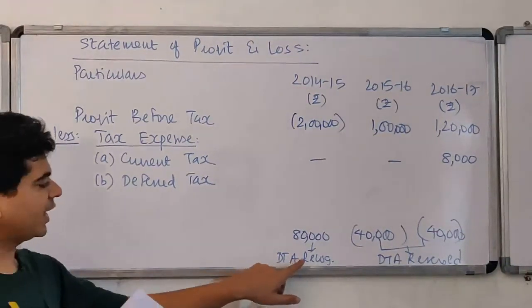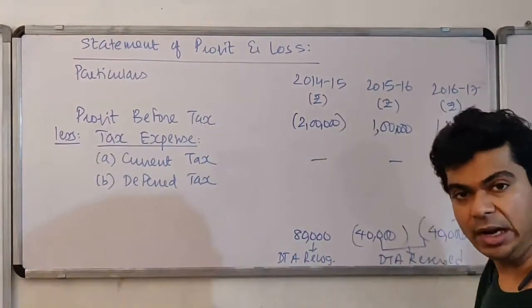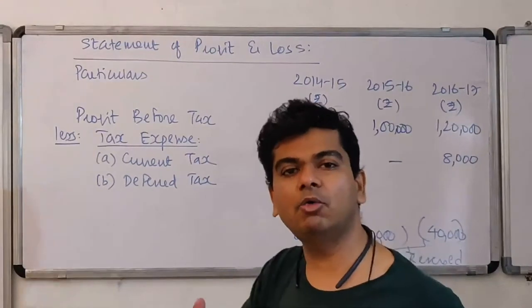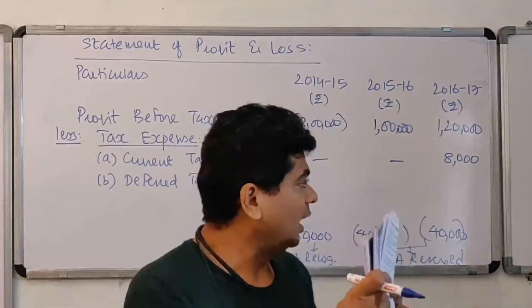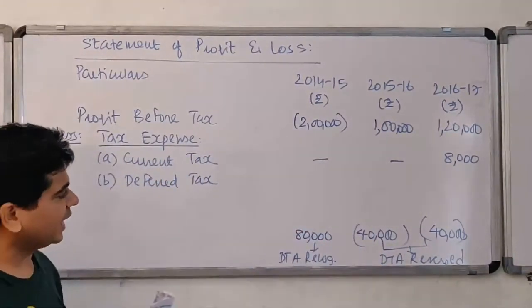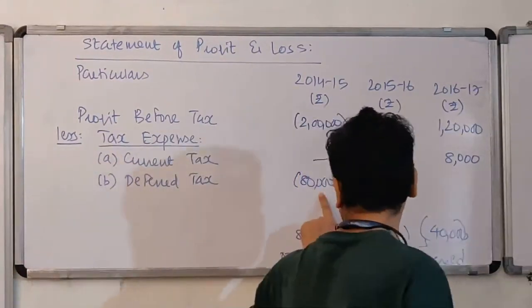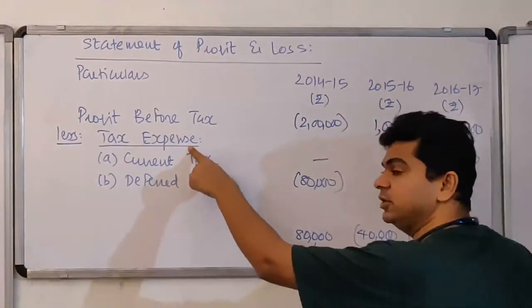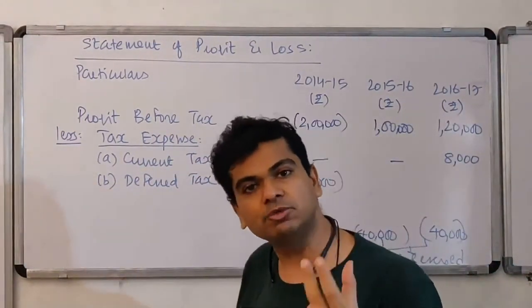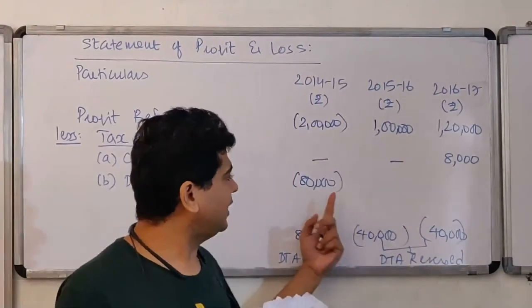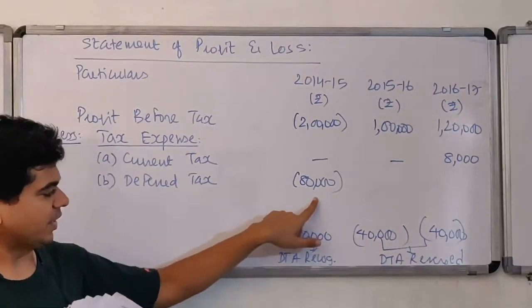Now if you are saying I have recognized the DTA, that means your accounting entry will be deferred tax asset account debit to profit and loss account. P&L is getting credited. Now if the P&L is getting credited, then I will have to show this as negative over here, 80,000. See, the word used is tax expense. Expense means it should be debited to the P&L. So I am showing a debit item, but it is not a debit item. It is actually a credit item. That's the reason I'll have to write this as negative over here.